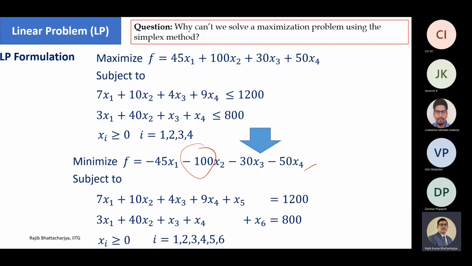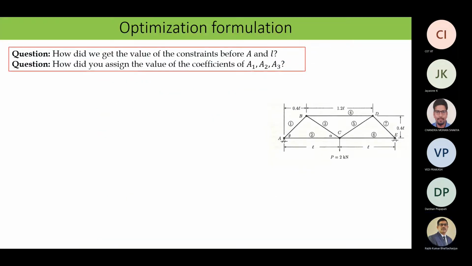But because the rules I have discussed are for a minimization type problem, you convert the problem and then solve it. Otherwise, you can directly solve it as a maximization type also. There is no issue. I hope this is clear.